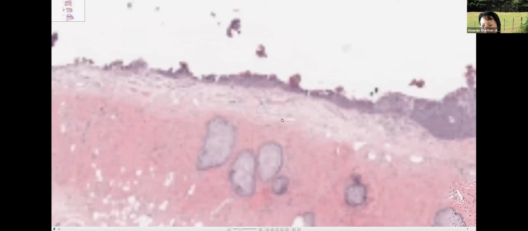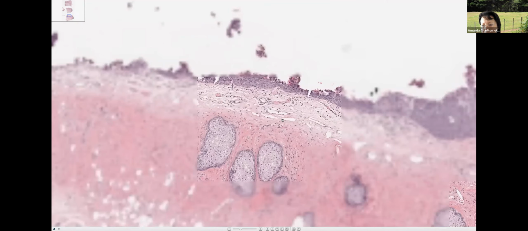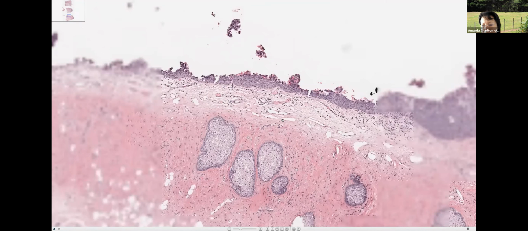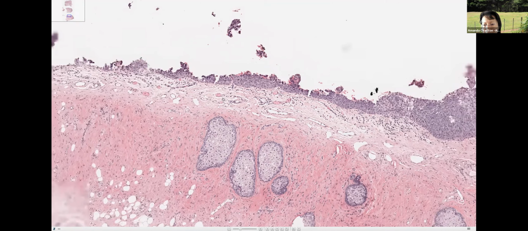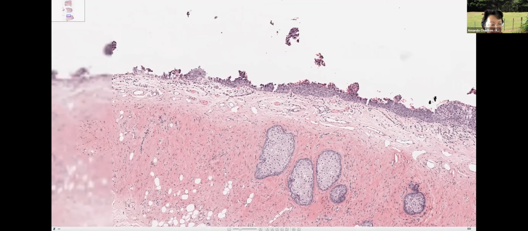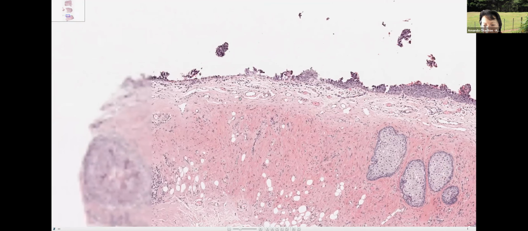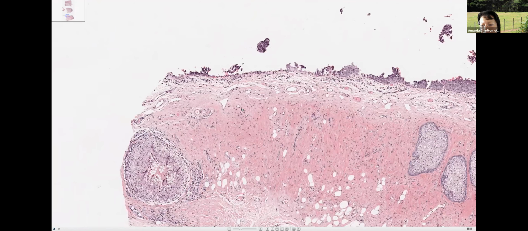It's very basaloid, so I think the cells have a high nuclear to cytoplasmic ratio, and I think it's unlikely to be benign. So let's go have a closer look. What's happening there with the conj? It doesn't look normal to me. Can we go a little closer? It looks very cellular.